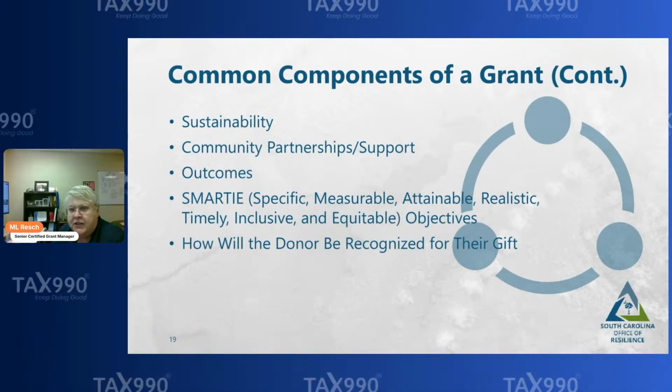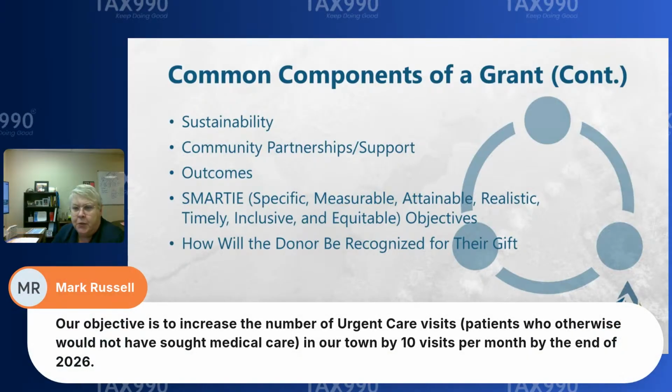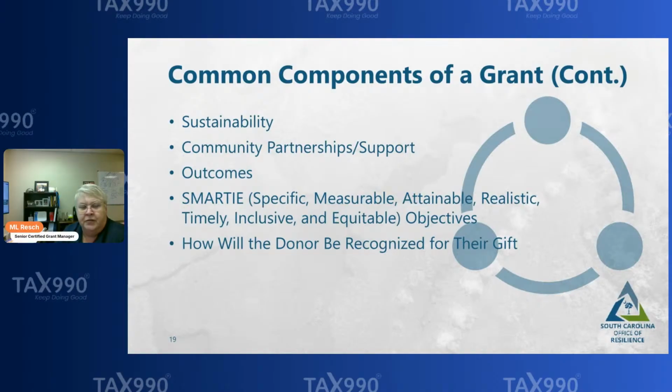Mark, our objective is to increase the number of urgent care visits in our town by 10. Excellent. Is it specific? Yes. So you already know how many urgent care visits your clinic has, so you have a baseline. You'll know if you have 10 more, and you'll be able to measure each of those visits by months.